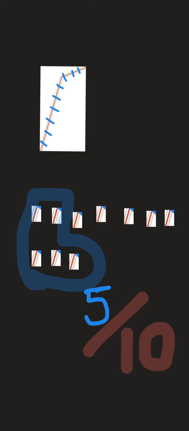If I had 5 of those pieces, then my numerator would be 5. So it's 5 out of 10, and the name of that fraction is 5/10.